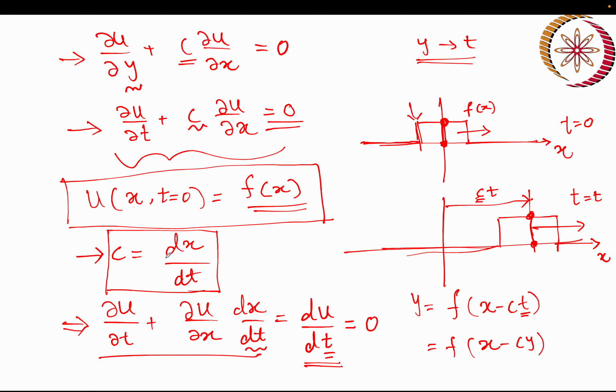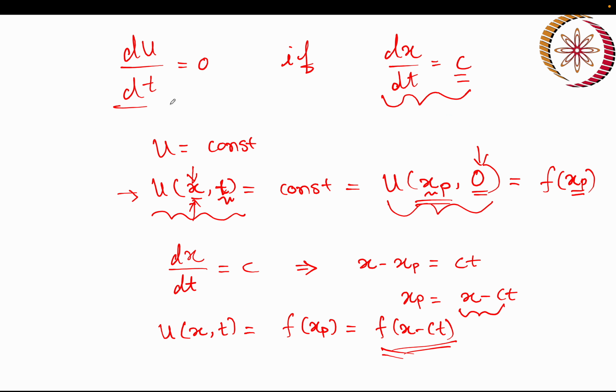And what we are now saying is, if c is equal to dx by dt, the total derivative of u with respect to time will be 0. So du by dt is 0 if dx by dt is equal to c. So whatever location we are interested in, if our location changes at this speed, we will feel that u is a constant.